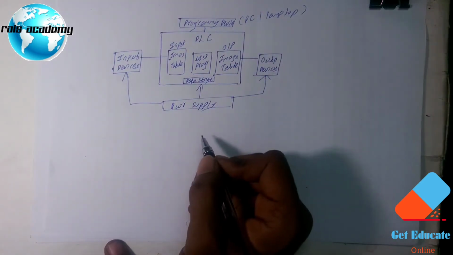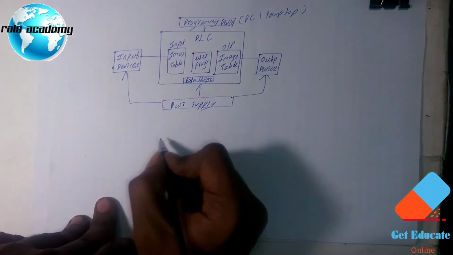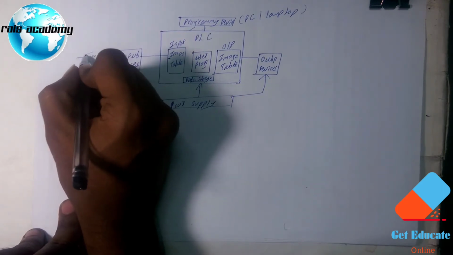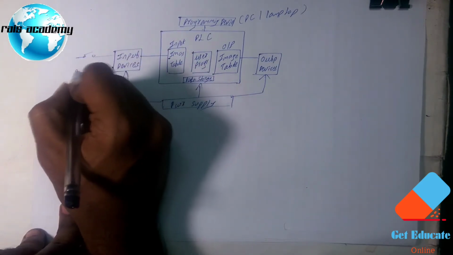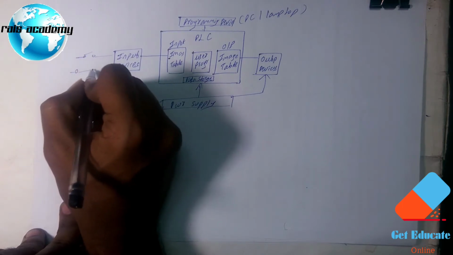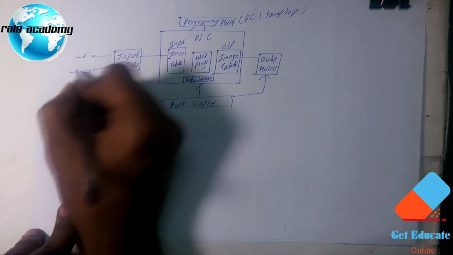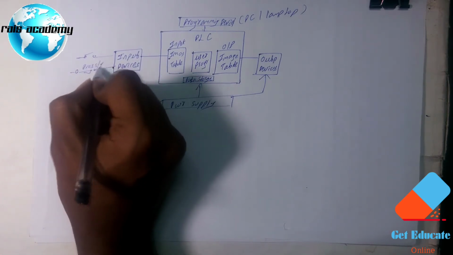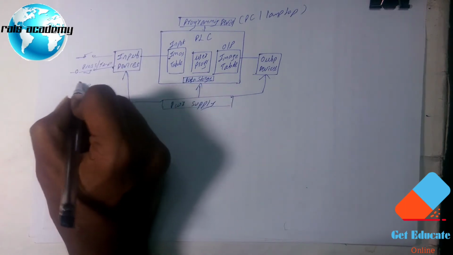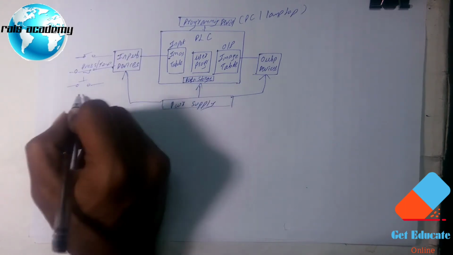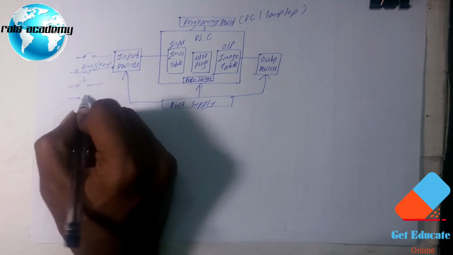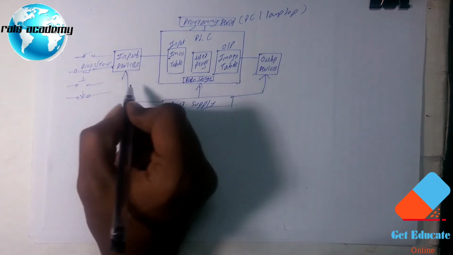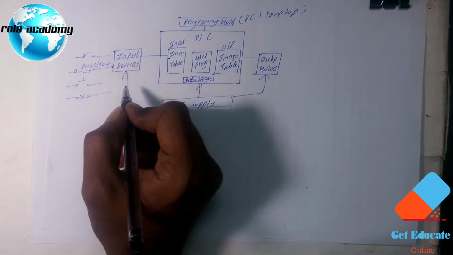So input devices could be a switch, a type of contact like pressure or temperature switch, NO contact, NC push button, anything that is in the field as an input device.